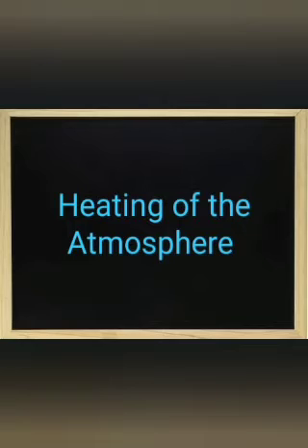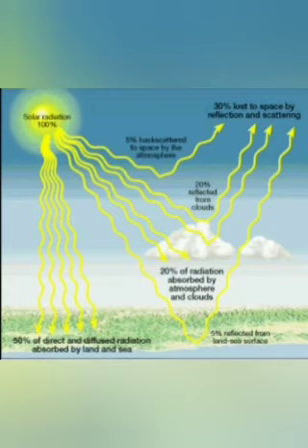After the heating of the surface of the earth, the air warms up the atmosphere. That thing we can see clearly in this picture, dears. So, listen clearly, children. After the heating of the surface of the earth by the sun's rays, the layers of the atmosphere warm up.